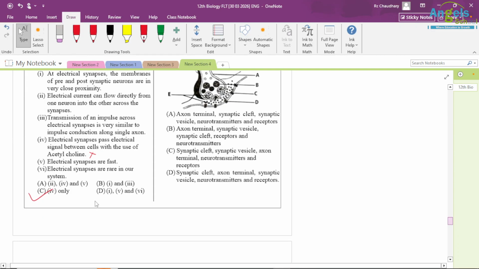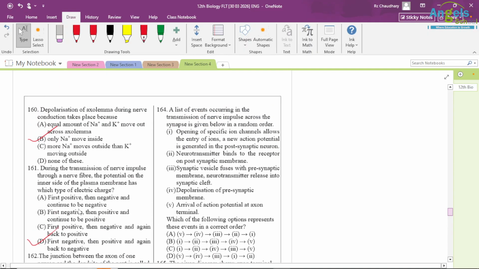Question number 164. The list of events occurring in the transmission of a nerve impulse across the synapse is given below in random order. Opening of a specific ion channel allows entry of ions and a new action potential is generated in the postsynaptic node. Okay, we have to arrange these statements.